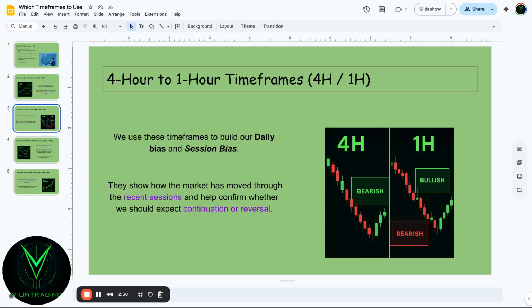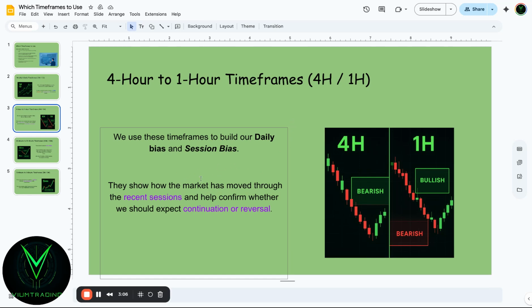When we go to the 4 hours and 1 hour time frames, this is what I use for my daily bias, and the previous session bias as well. For example, if I'm going to trade Tokyo, I want to know what New York did the day before, and I go to my 4 hours and 1 hour and understand what New York did for those 8 hours.